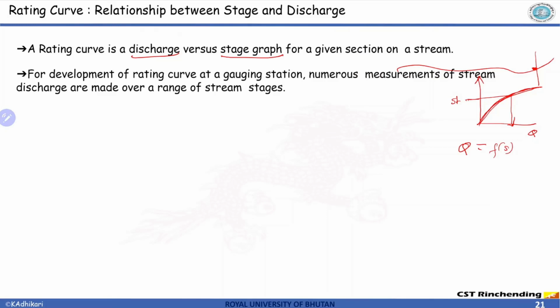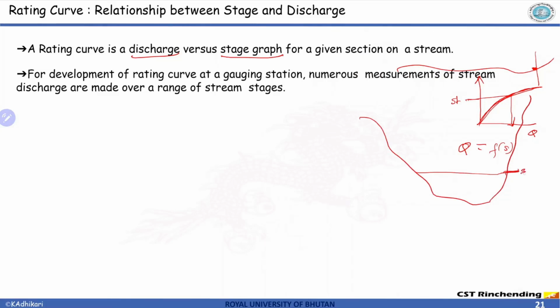For the rating curve, what we do is we go to the site and make numerous discharge measurements at various water levels. So let's say this was our main channel. At this level we go to the site and find the discharge.